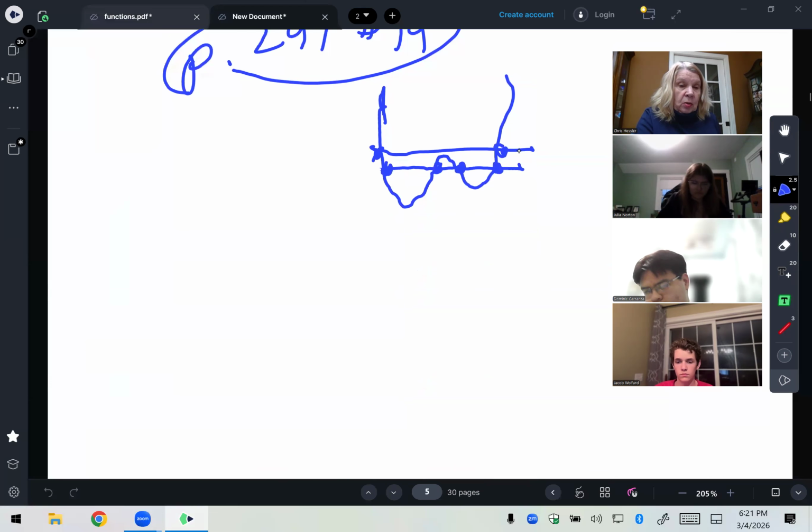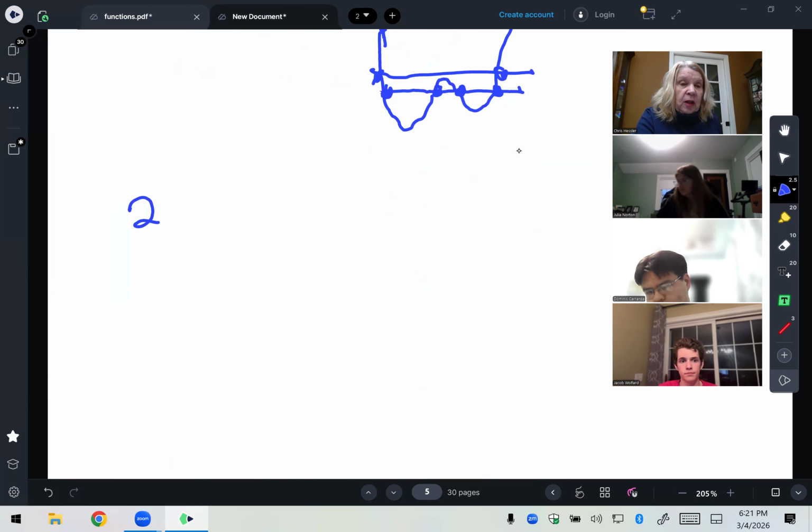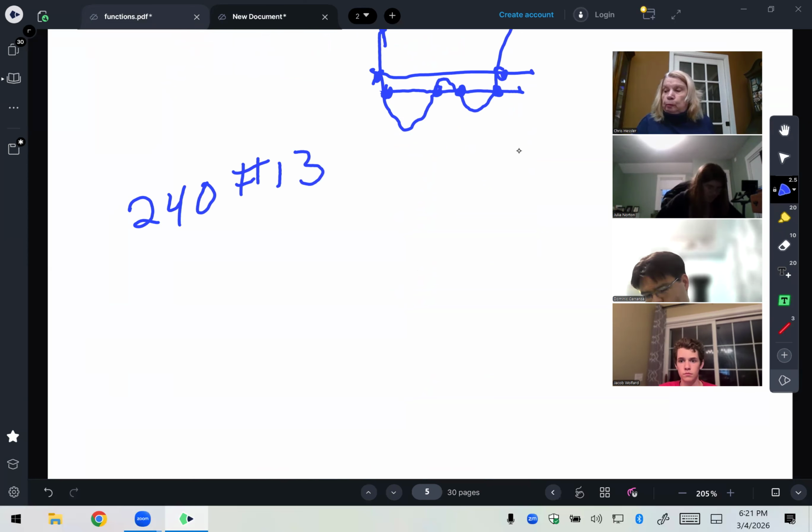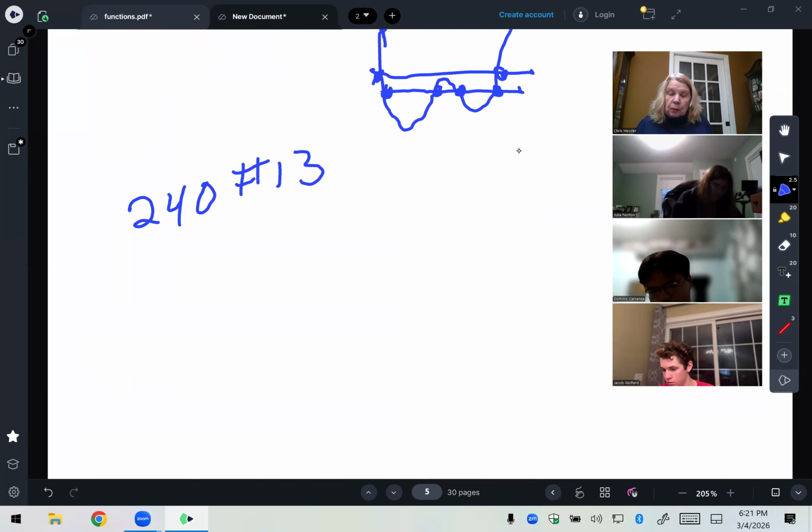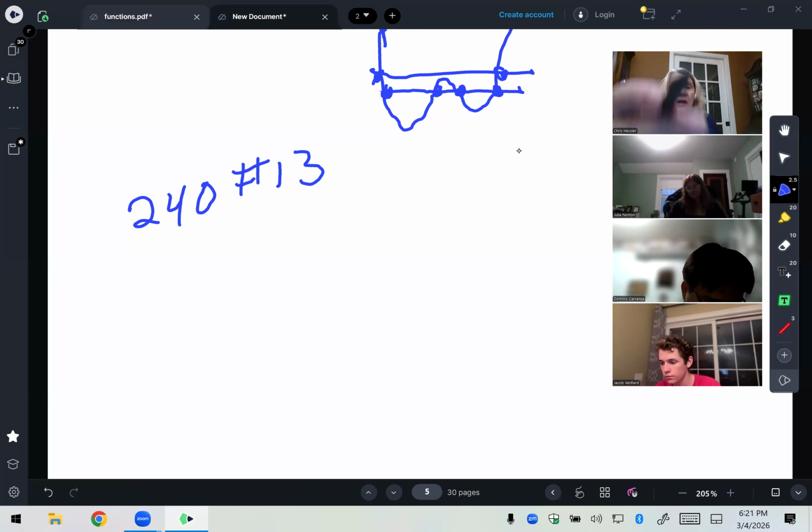Okay, so we're going to go to 240, number 13. The graph of which of the following functions in the xy plane has x-intercepts at -4 and 5.